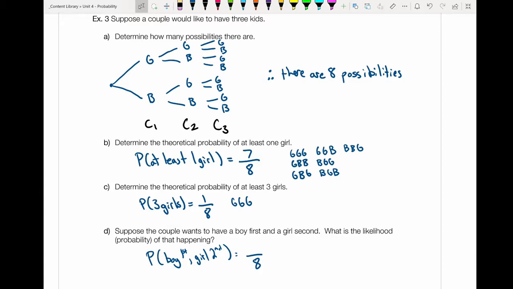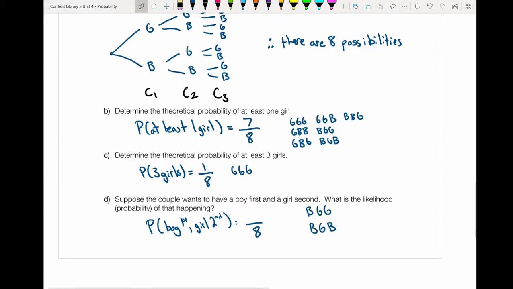We can see that it is either boy, girl, girl, or boy, girl, boy. Those are our only 2 possibilities. So there's 2 out of 8, or 1 over 4 probability of this scenario happening.